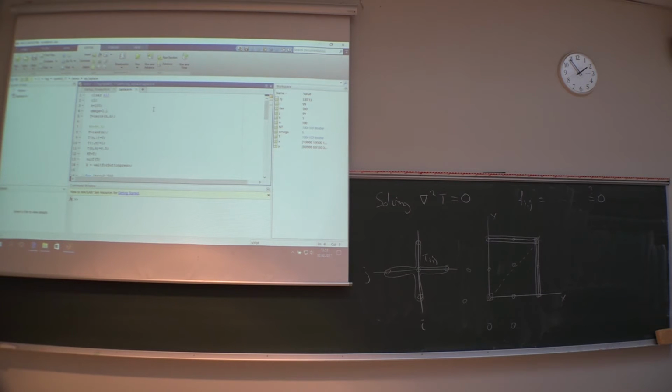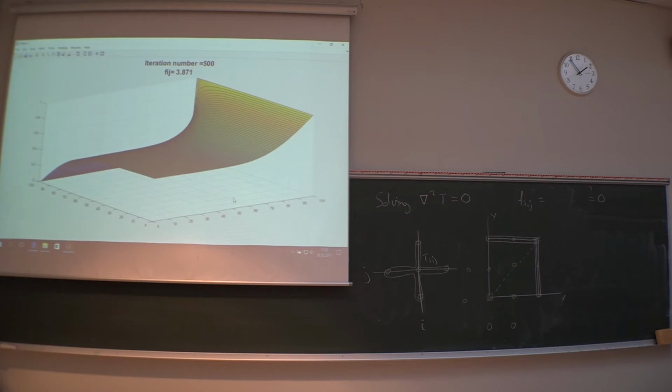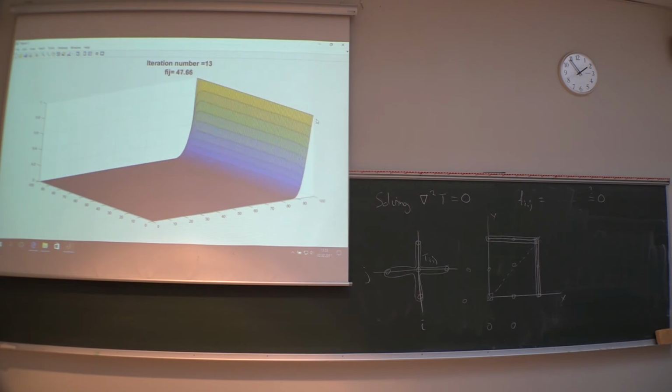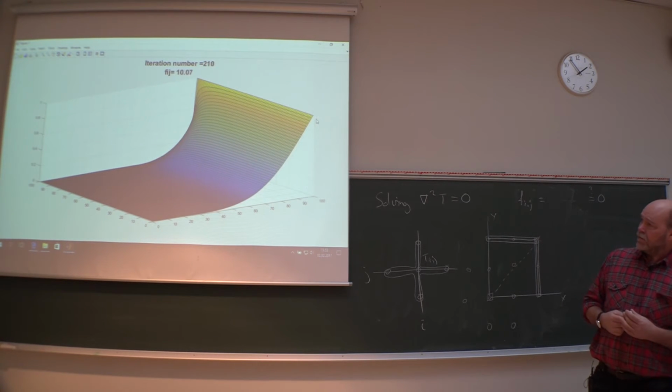Omega should be a number between 1 and 2. So let's try 1.5. And I go back to the initial 0 solution. So now see what happens. That didn't help much. Maybe a little bit.